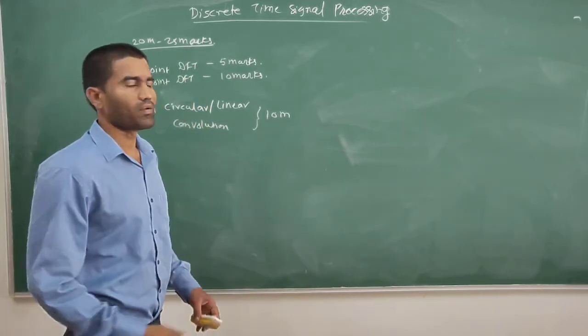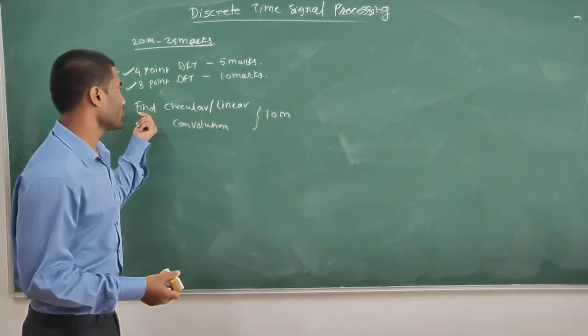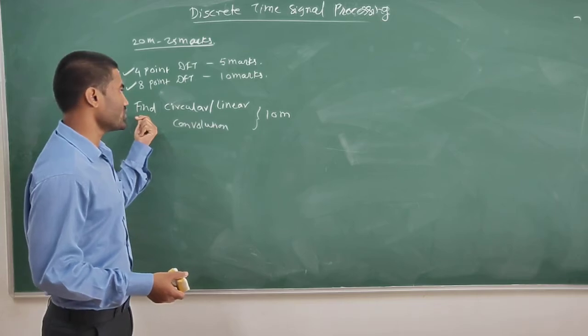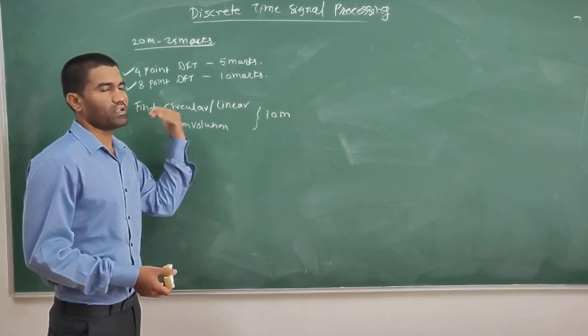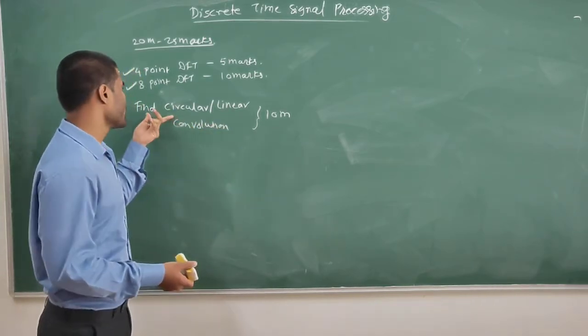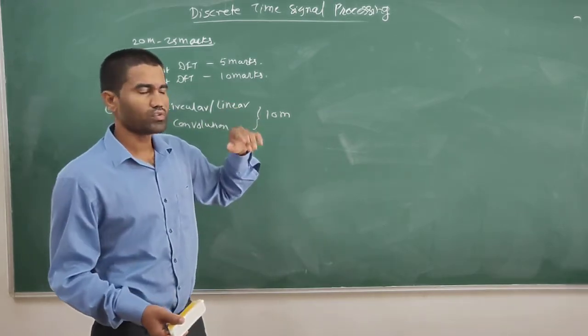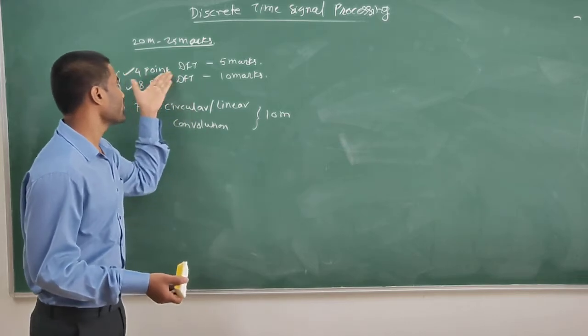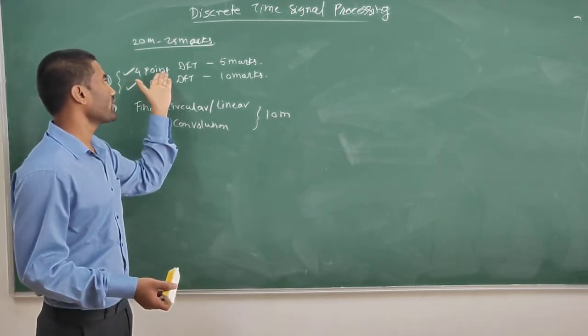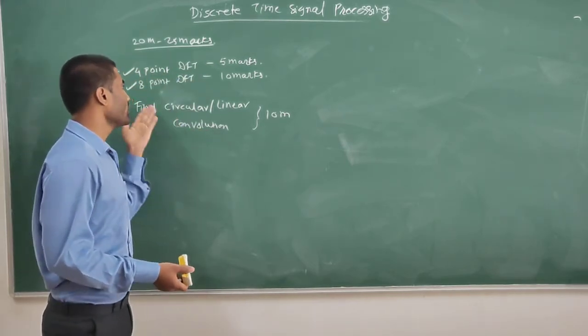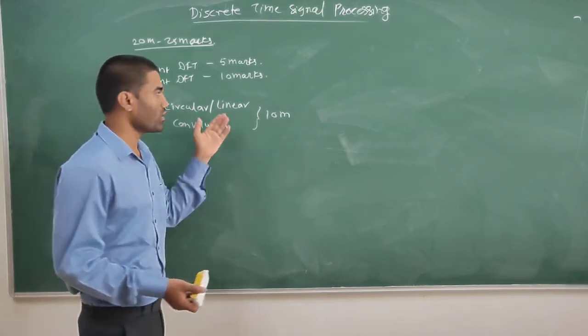So they will ask you a 10 mark question, or another 10 mark question, on circular convolution. This is again the advantage of the DFT: if you are able to find the DFT, then you can find the circular convolution or linear convolution.